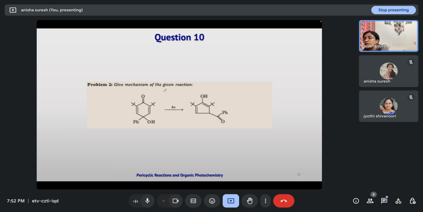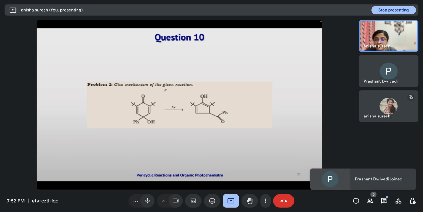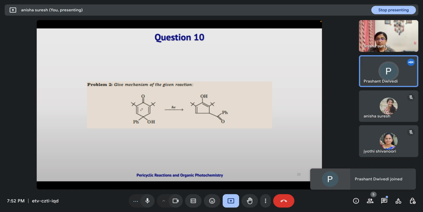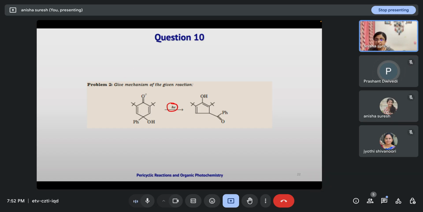Please try to work it out. Take a moment. So first, under photochemical irradiation, this carbonyl will get excited, leading to formation of O radical and this carbon radical.